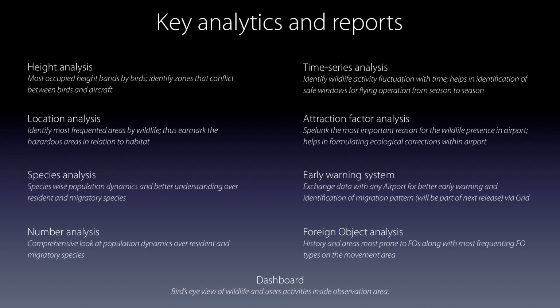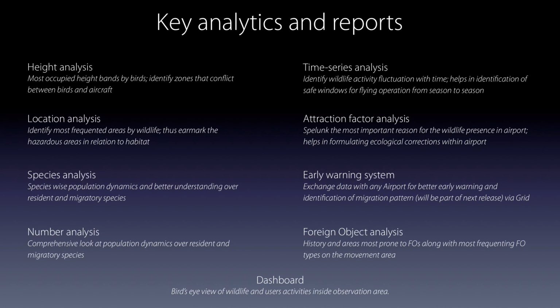Skua generates key analytical insights on height, location, species, number, time series, and attraction factor related to wildlife. These reports help in understanding the fundamentals about the very reason for the presence of wildlife and safety windows, which in turn helps in formulating scientific methods to manage wildlife.